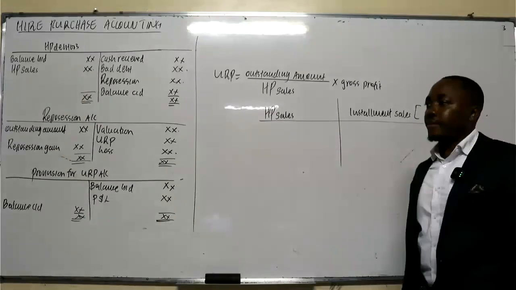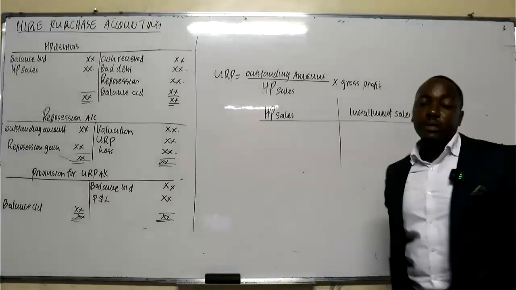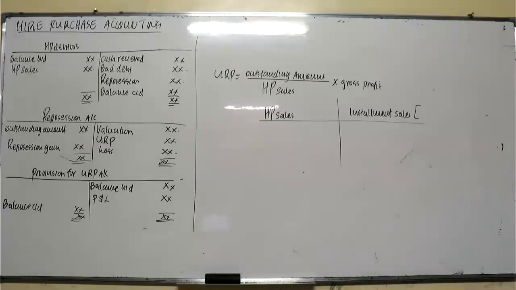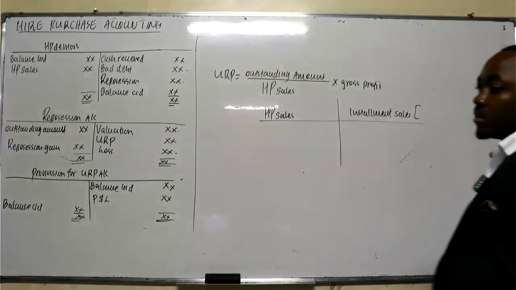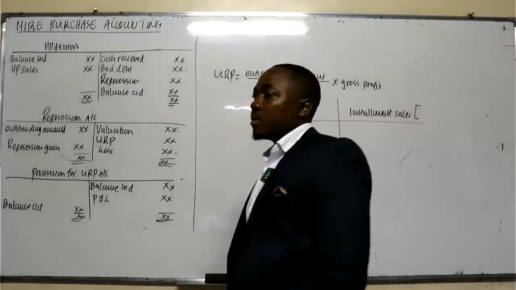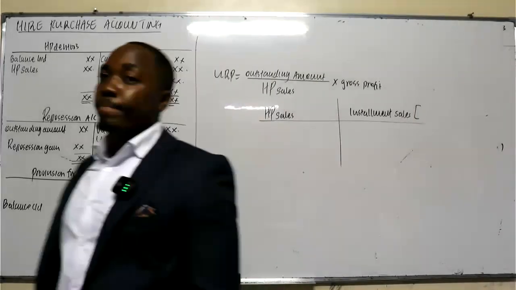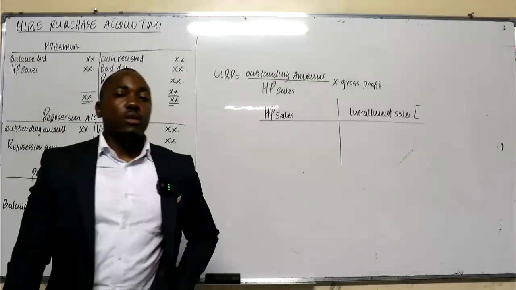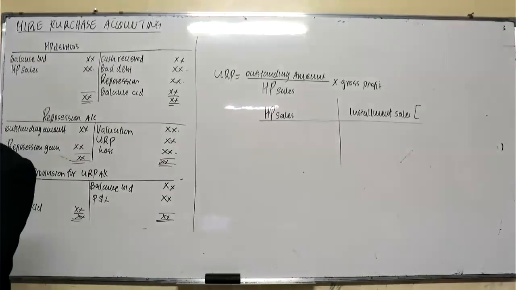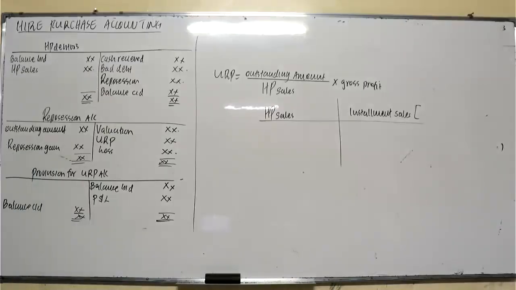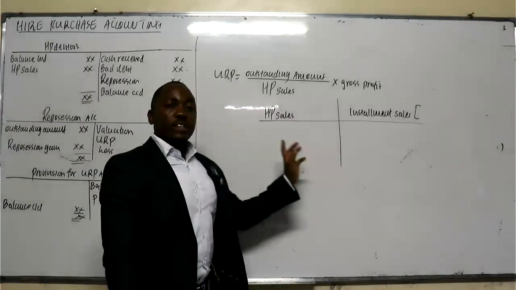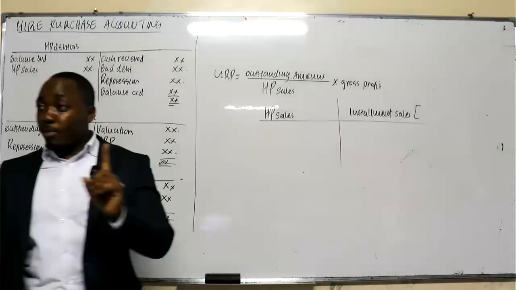Another difference on hire purchase: in case of default, the asset can be repossessed. I remember I said that in hire purchase, you transfer the ownership once the customer has fully paid.